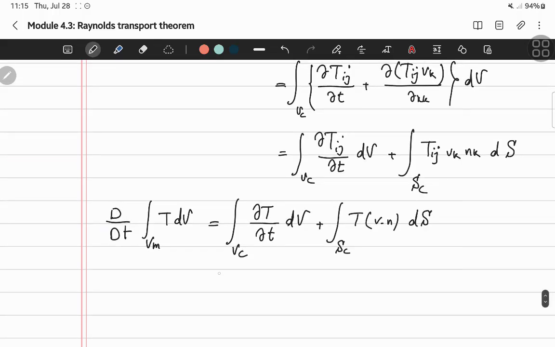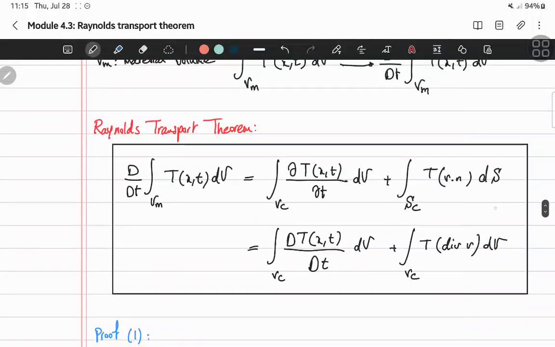So this basically is what we have in here in the first line.